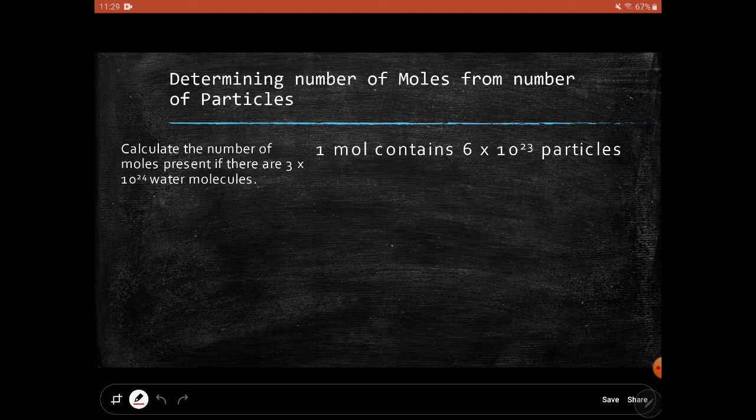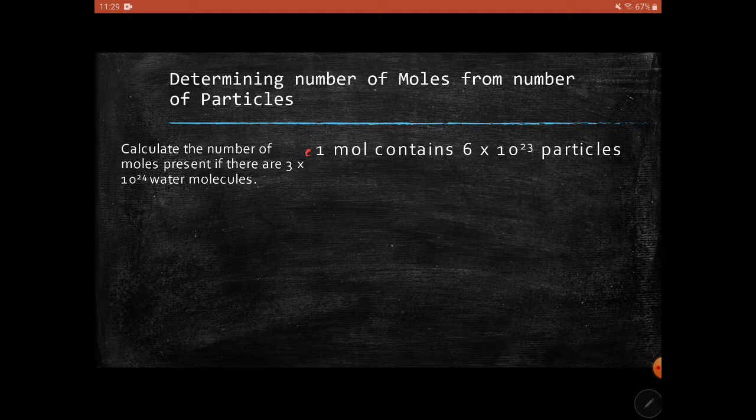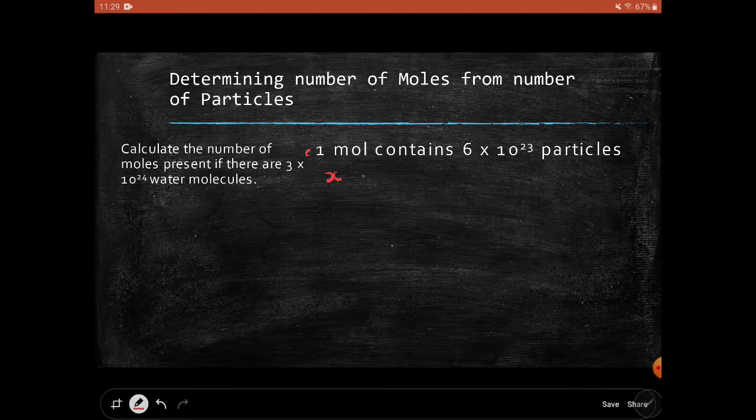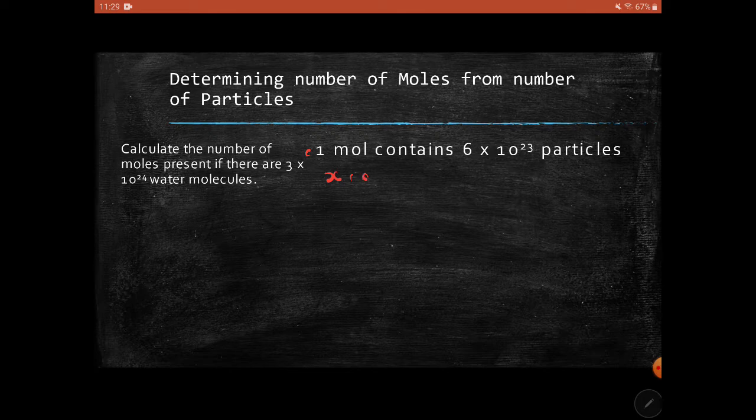Once again, we'll start by writing the statement which says 1 mole contains 6 times 10 to the 23 particles. Then we'll write a second statement where x is our unknown number of moles.